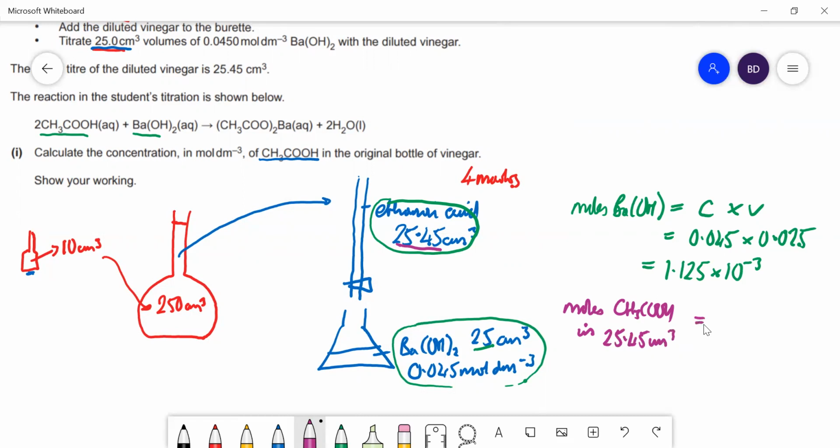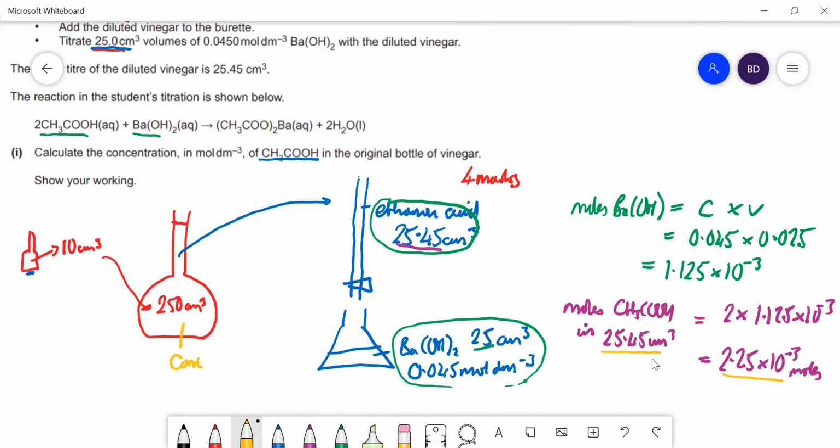So that's double that. 2 times 1.125 times 10 to the minus 3 is equal to 2.25 times 10 to the minus 3. Now we know the number of moles of ethanoic acid and the volume it's in. So now we can work out the concentration of this ethanoic acid.